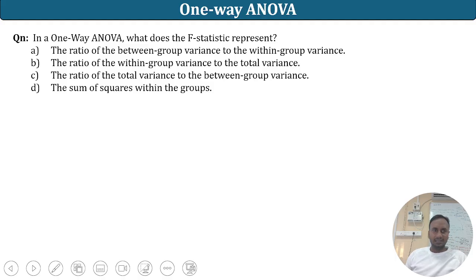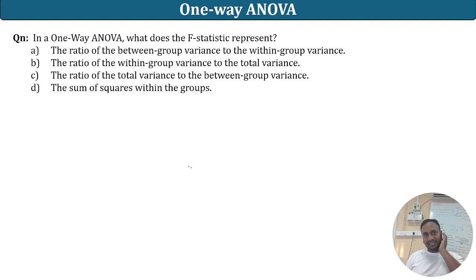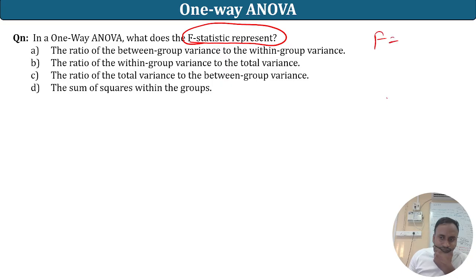Okay, just tell me about this one. In one-way ANOVA, what does the F statistic represent? Can you tell me the formula of F? MSB upon MSW.